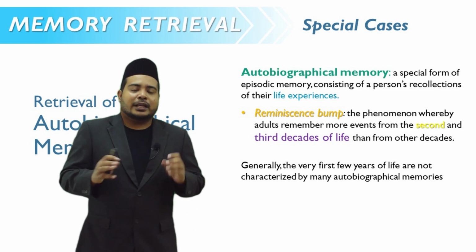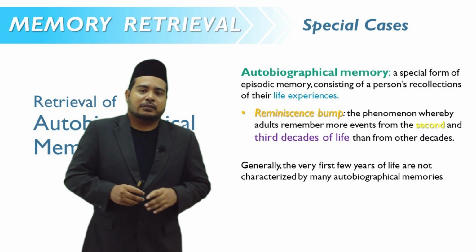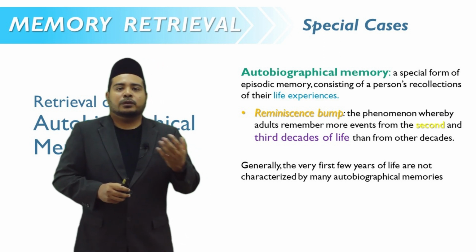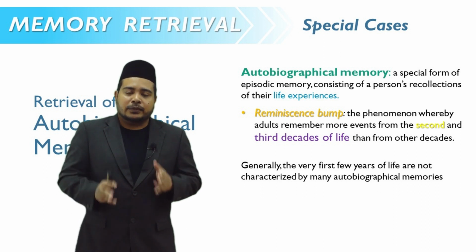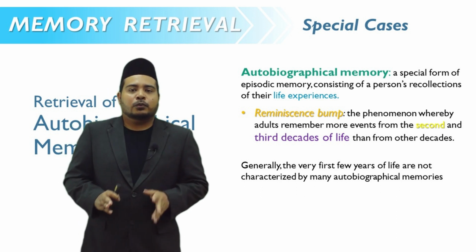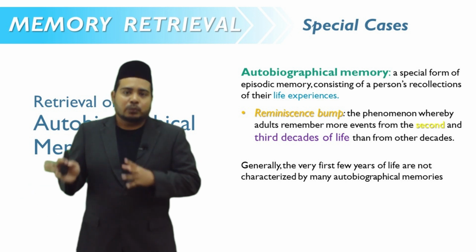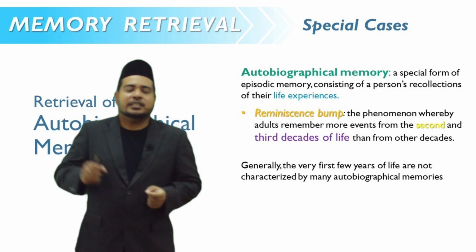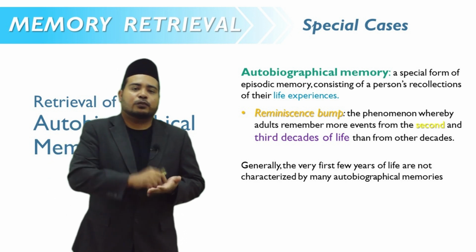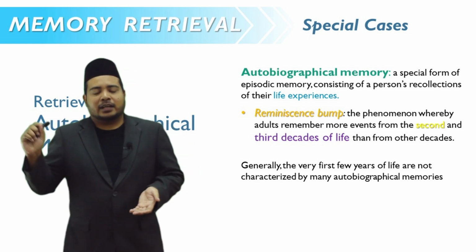So we can simply say that, oh, because you are 35 years old, of course you will remember when you were 11 to 20 and 21 to 30. But even if you talk with people who are 40-something years old, they will still talk about events when they are in teenage years and early adulthood, from 11 to 29 or 30 years old.